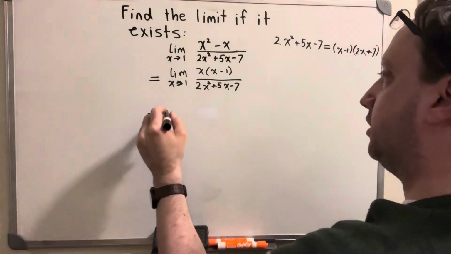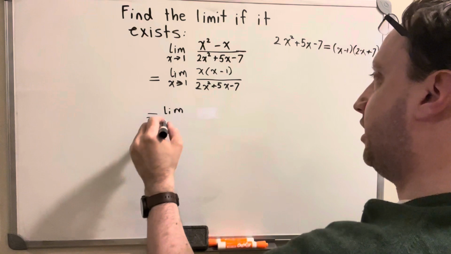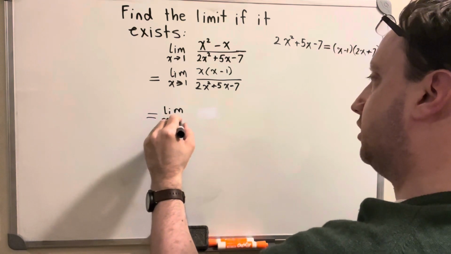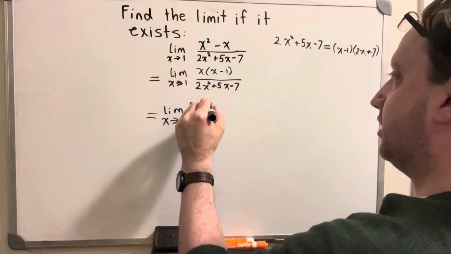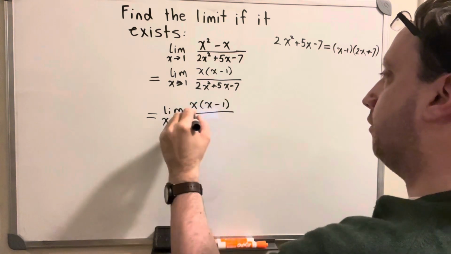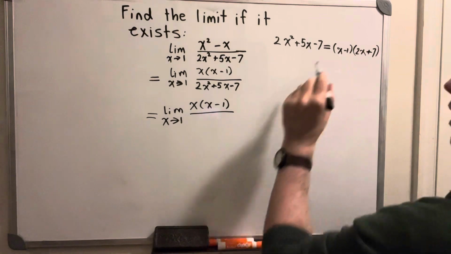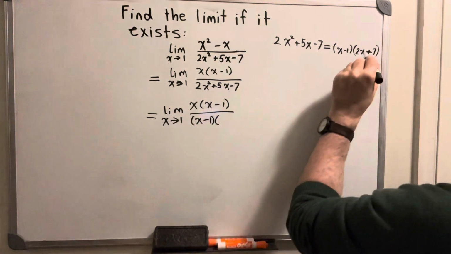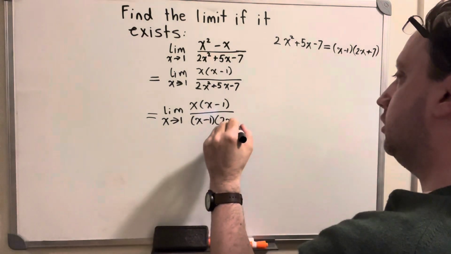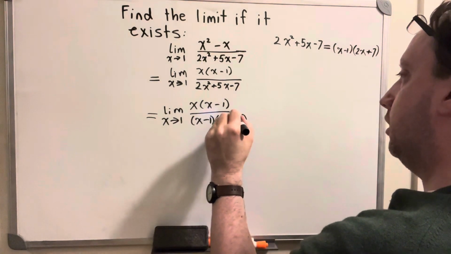So now it's the limit as x approaches 1 of x times x minus 1 over x minus 1 times 2x plus 7.